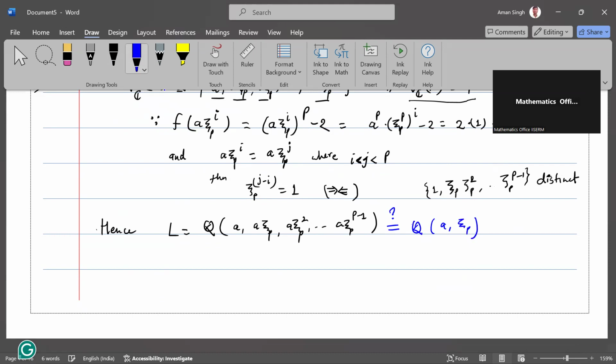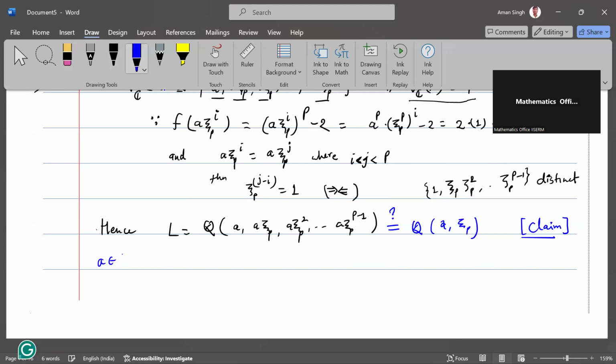Okay, how will we say? One direction is obvious, na? This is our claim. So let us see the proof of this. A belongs to L. This is clear. Q is a subset of L. This is also clear.